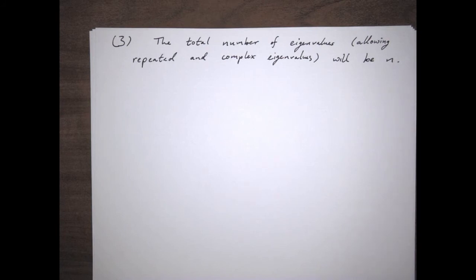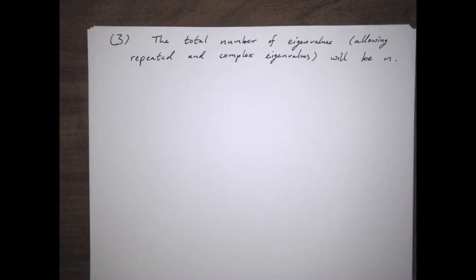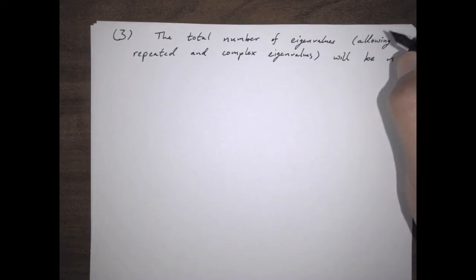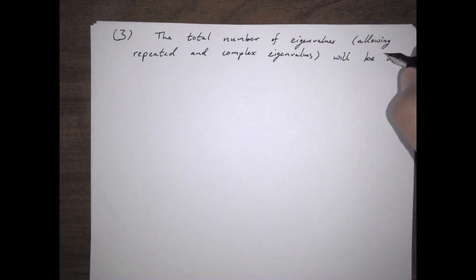It will always be n at all times. So the total number of eigenvalues, when you allow for repetition, will always equal n. This is a consequence of the fundamental theorem of algebra, which has to do with the number of solutions that a polynomial of degree n can have, and it turns out to always have the same number of solutions as its degree if you allow repetitions and complex values.